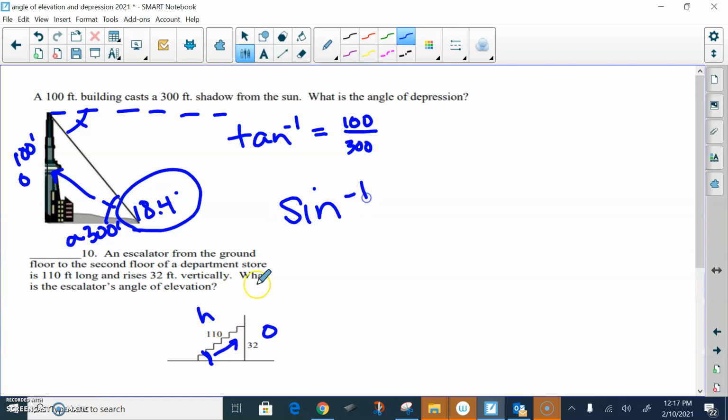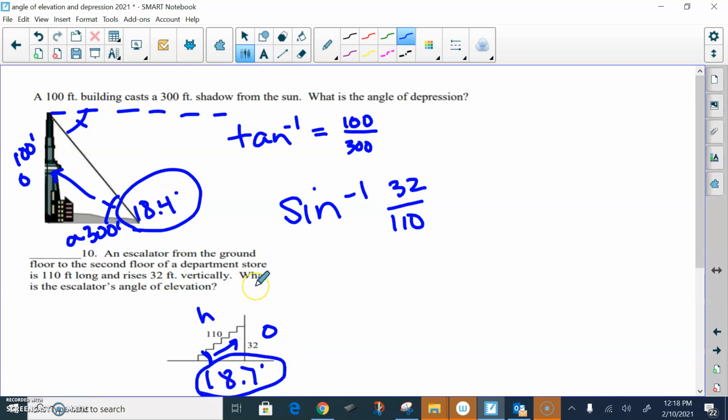We're going backwards because we're looking for the angle, so I want my inverse sine. Opposite over hypotenuse. So I'm going to go to my calculator, press second sine to get my inverse sine, 32 divided by 110. And it tells me my angle of elevation. Oh, how about that again? I'm getting about 17 degrees.